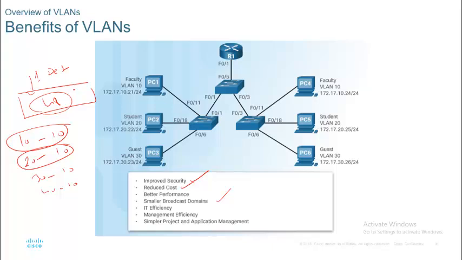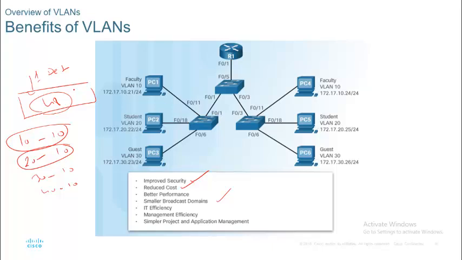Next, IT efficiency, meaning you have separate departments with separate layer 3 and layer 2. Layer 3 is because of subnetting, layer 2 is because of VLAN. Next, management efficiency.